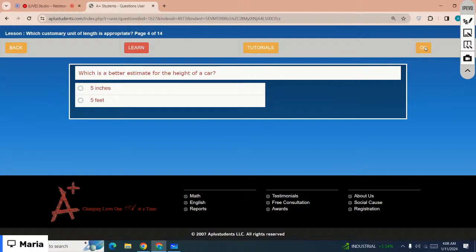That is the car. 5 inches is too small for the height of a car. It must be 5 feet. The correct option is 5 feet.